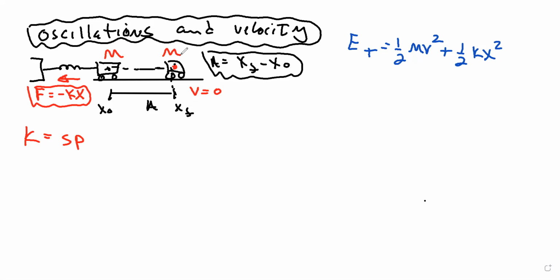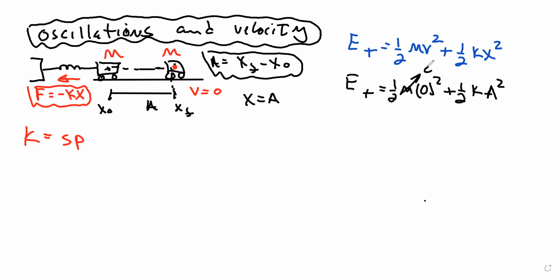So let's calculate the total energy. The total energy is going to be equal to 1/2 of the mass times 0 squared, plus 1/2 of k, and then x is going to be equal to A. So it's going to be A squared.